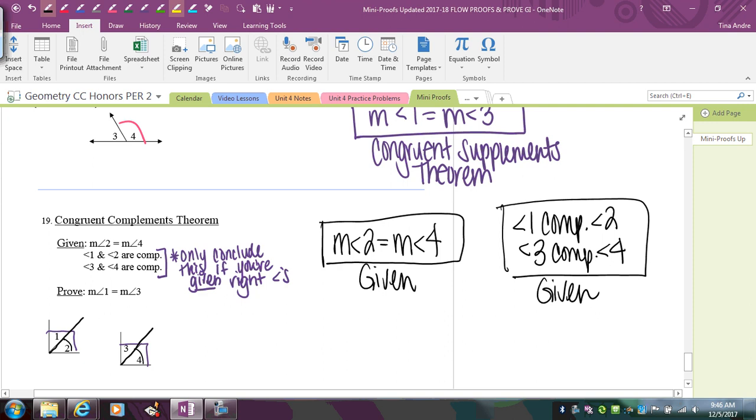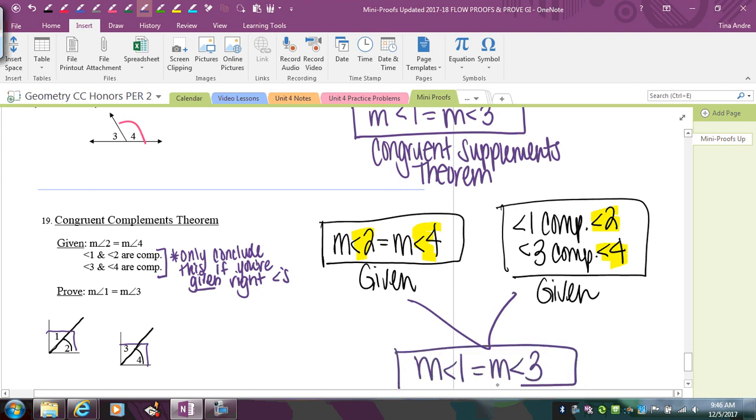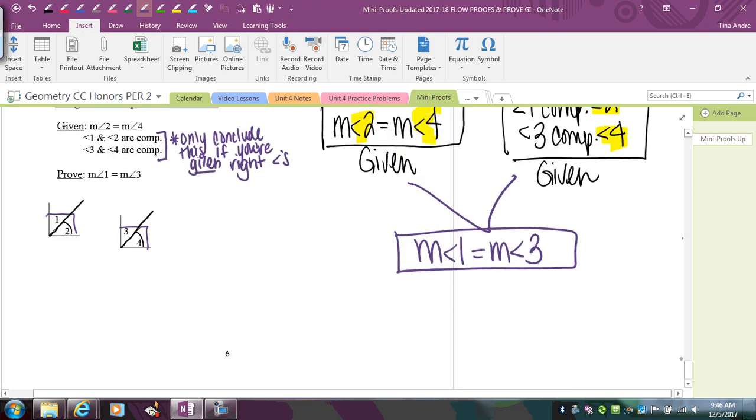Since angles 1 and 3 are complementary to congruent angles, 1 and 3 have to be congruent to each other. So the measure of angle 1 is equal to the measure of angle 3 by the congruent complements theorem.